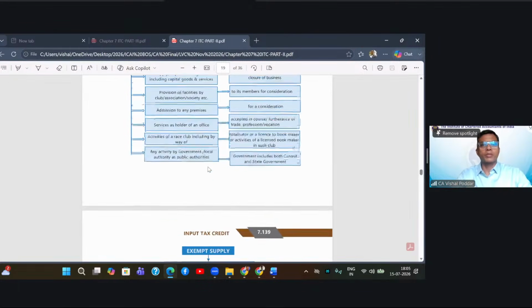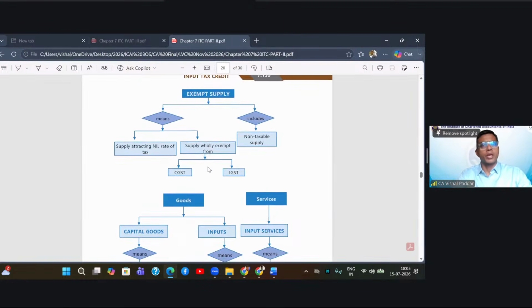First, you have the definition of business, which I'm sure you have studied in the initial chapters. Then we have the concept of exempt supply. This is also a common definition, but again, very relevant in the ITC chapter. You'll understand why. So what is exempt supply? Three types of supplies are called exempt supply.